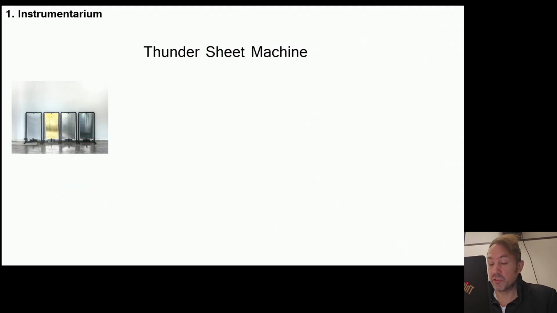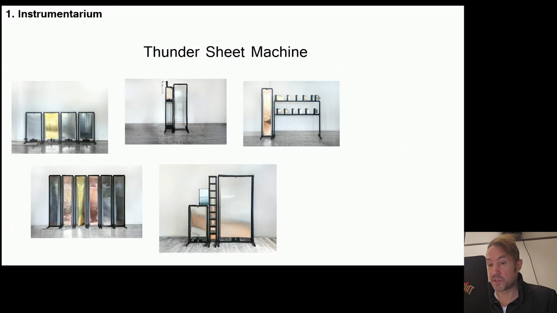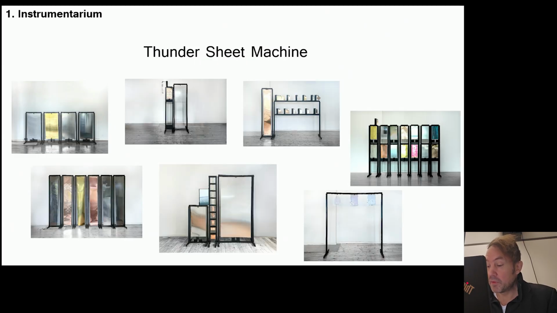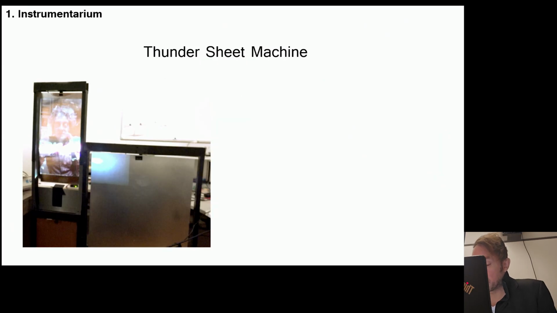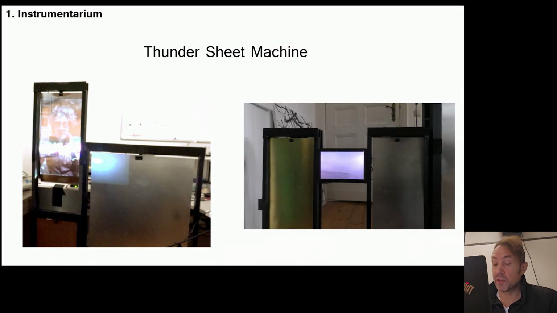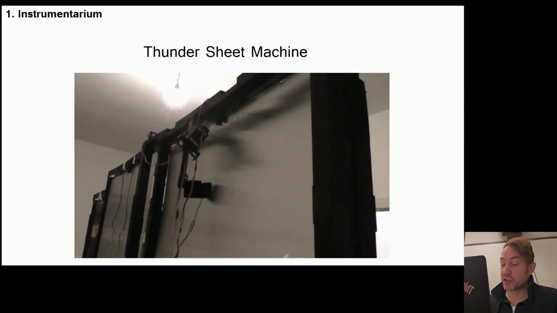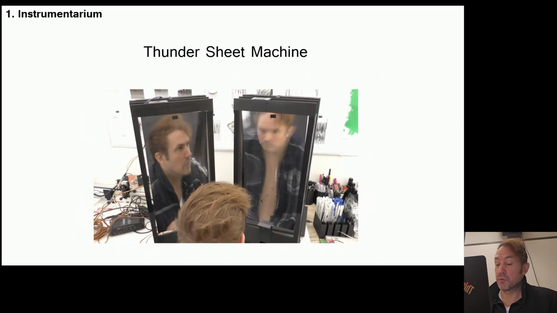They are arranged in groups throughout the space. In addition, video projection can be cast onto a sheet, or a video monitor is installed. A transducer can be attached to a sheet, turning it into a loudspeaker, or a reflective sheet creates a self-portrait.